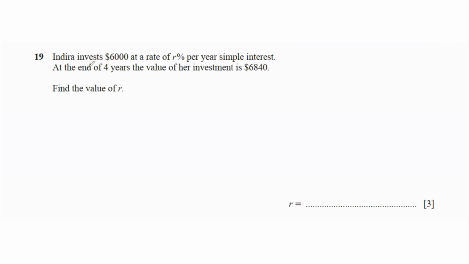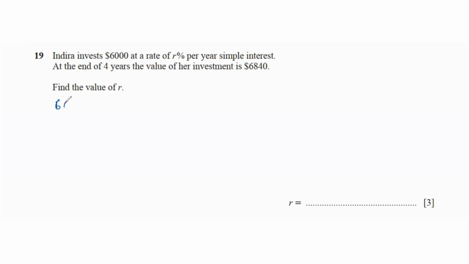Question 19 says Indra invests 6,000 at a rate of R% per year simple interest. At the end of 4 years, the value of her investment is 6,840. Find the value of R. We do 6,840 minus 6,000 equals 6,000 times R over 100 times 4.